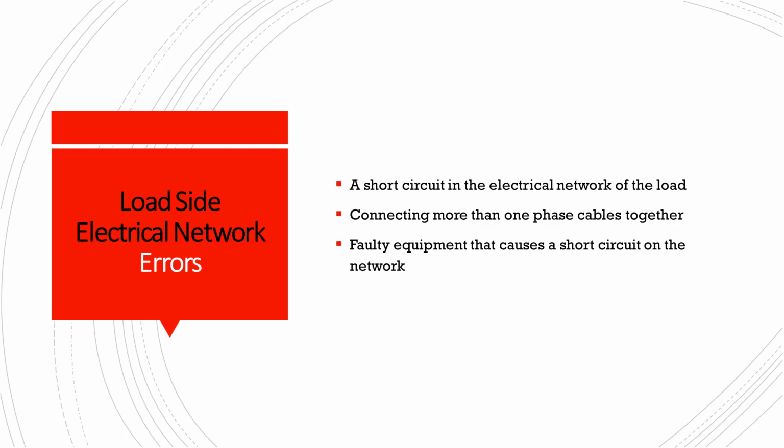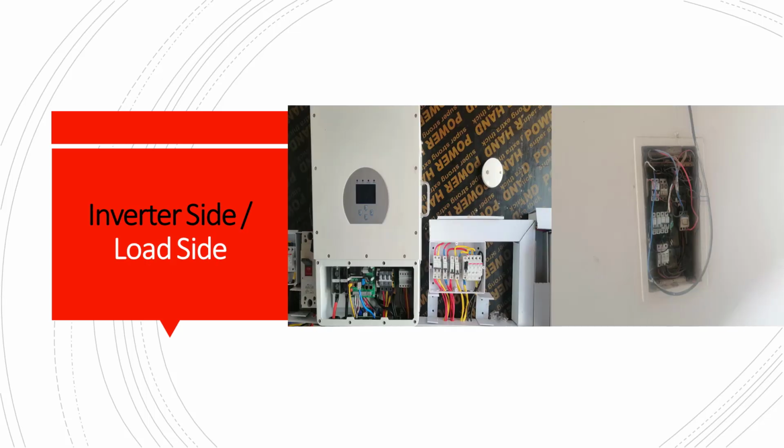So you see that basically 2 reasons or 2 areas are the cause for a parallel system shutdown. First of all, it is how you connect your system on the inverter side. And secondly, it's whether you are having a short circuit or faulty equipment on the load side of your system.